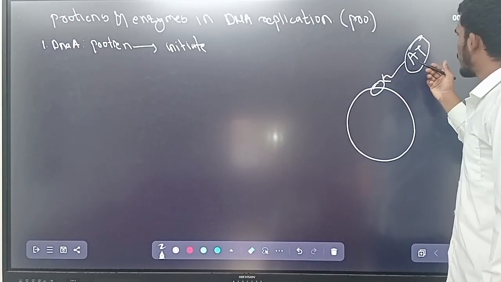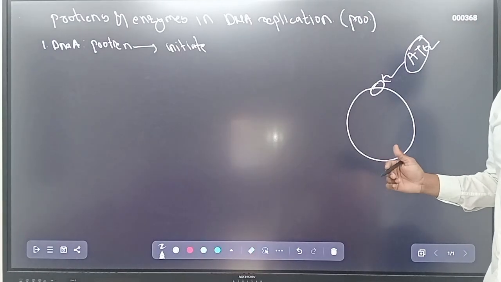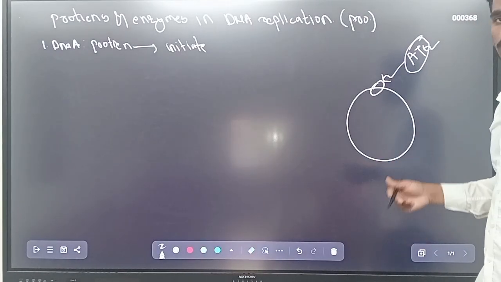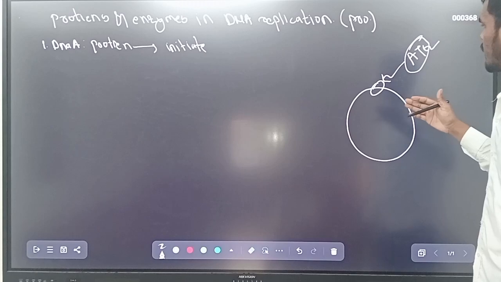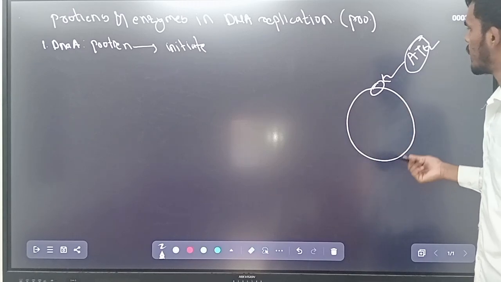Remember the semi-conservative nature and bidirectional nature of this replication process. This is in prokaryotes. Don't forget.